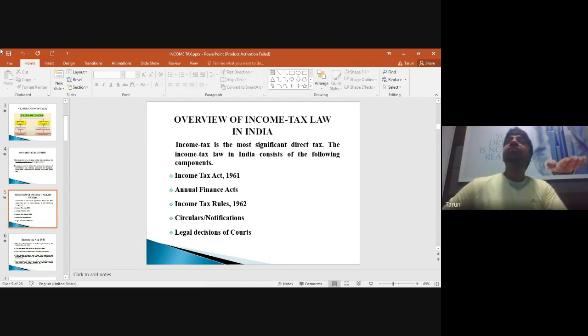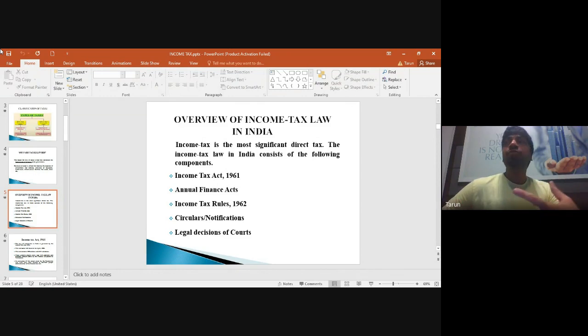It has five main components, which have been mentioned on the slides as well. The first one is the Income Tax Act 1961. The second one is the Annual Finance Act. The third one is the Income Tax Rules 1962. Then we talk about the circulars and notifications related to amendments or re-amendments of the policies related to direct tax or indirect tax.